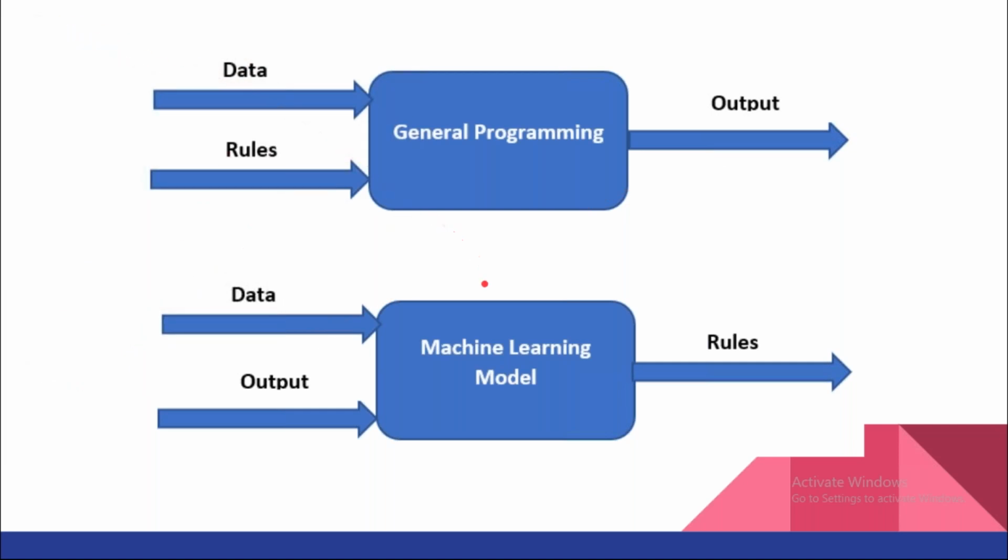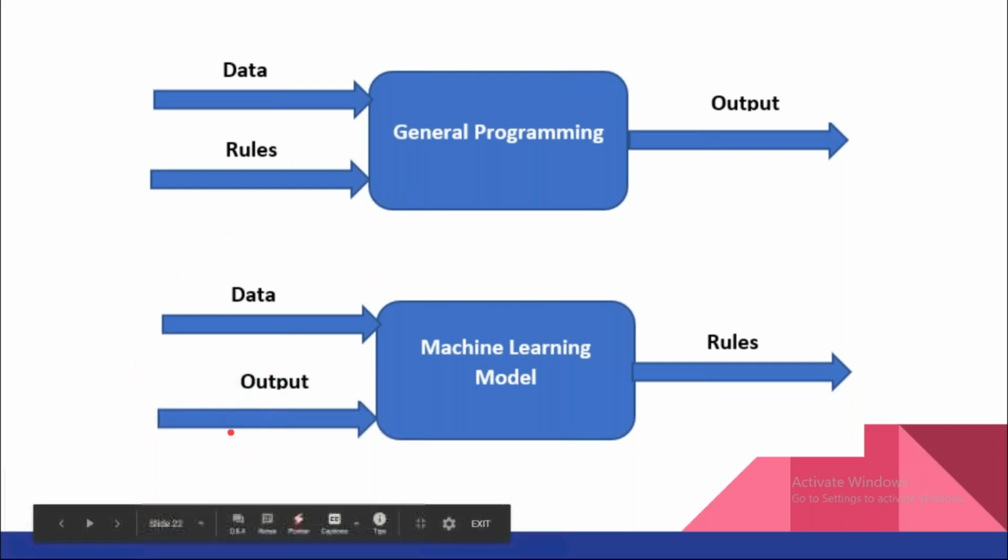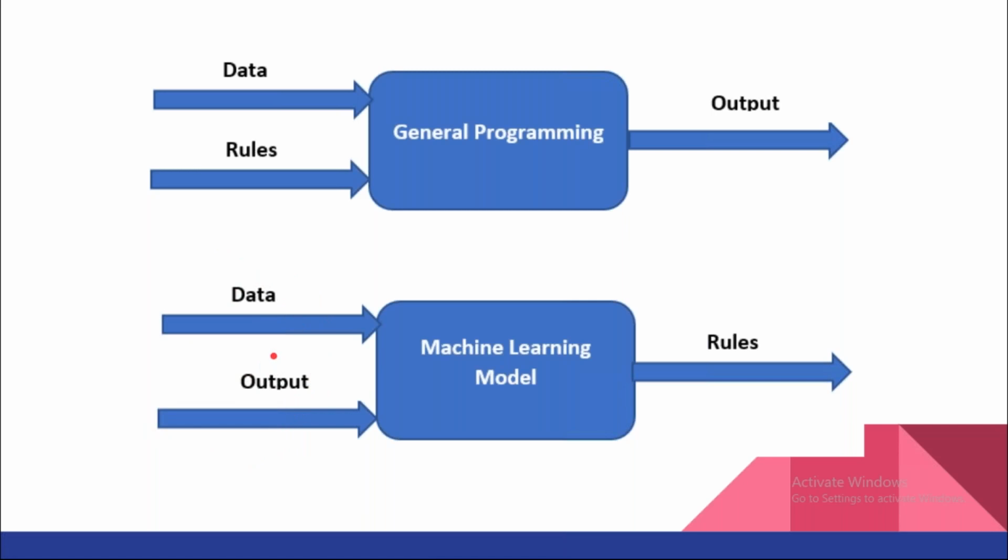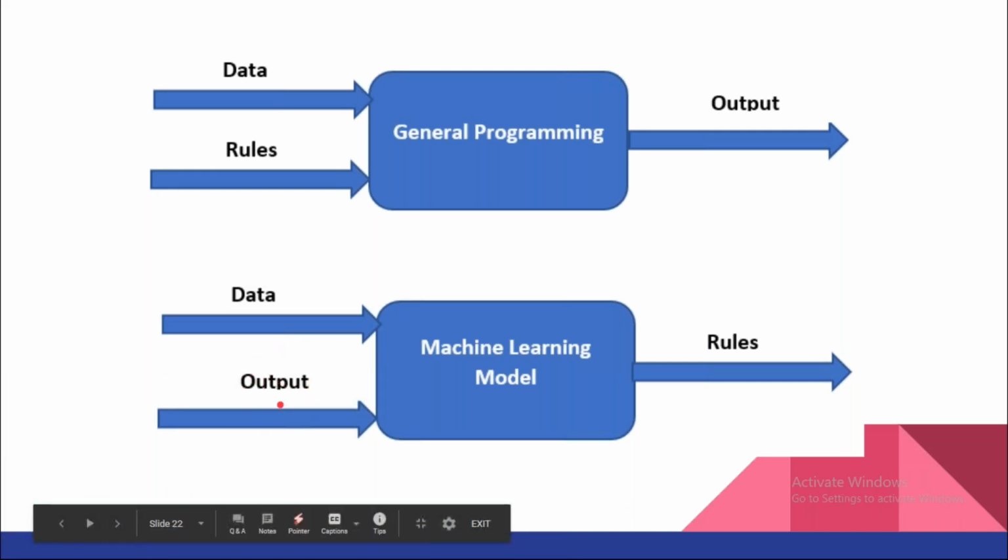But in a machine learning model, I give the data and I give the output upfront to the model, saying this is my data and this is the output. Maybe the data could be about sales, and sales could be dependent on different variables: what is the season, what is the product I'm trying to sell, what is the demand for that particular product in the market, and then I tell it how many sales I have made.